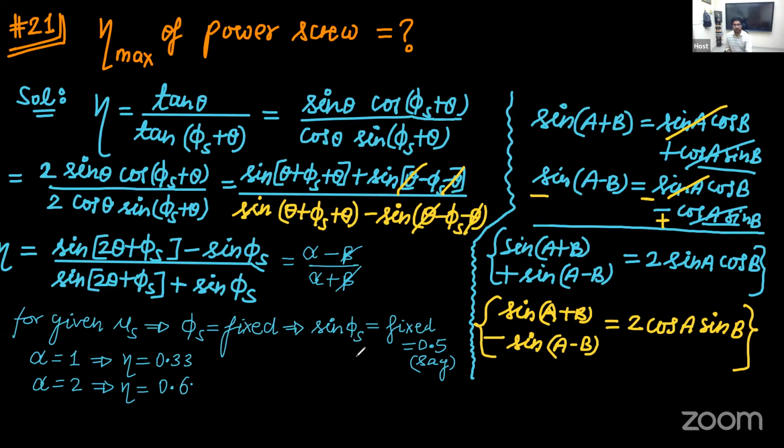Similarly, if you put alpha equal to 3, you will get an even higher efficiency. 3 minus 0.5 is 2.5, upon 3.5, and this time it is 71.43%.